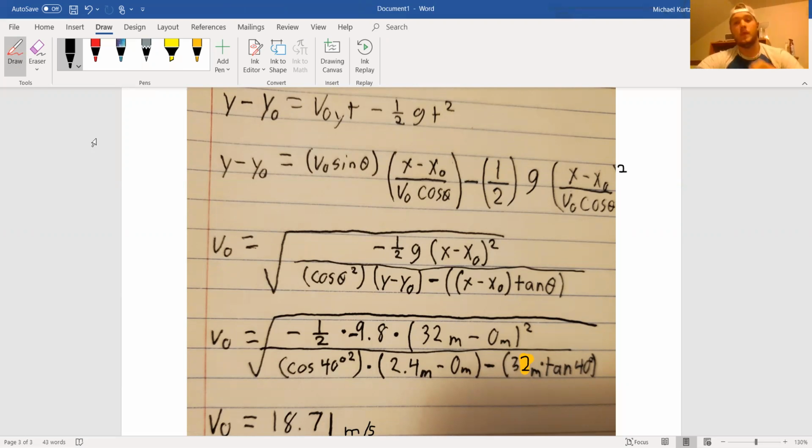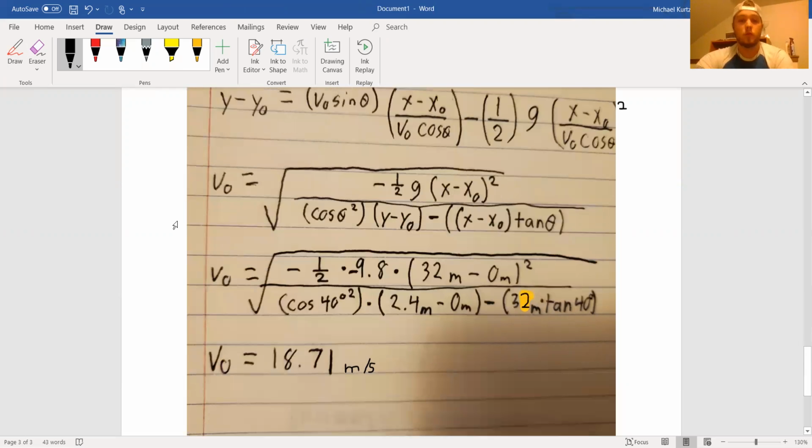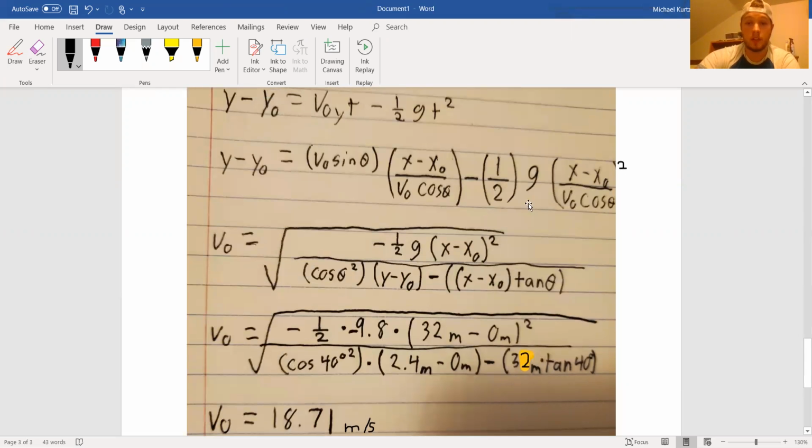And then we solve this for our initial velocity, which we have here, here, and here. And trust me, it takes time to work it all out.